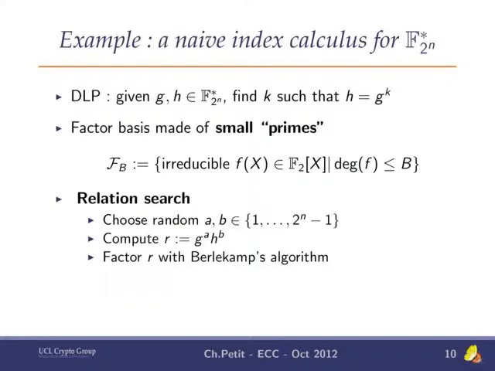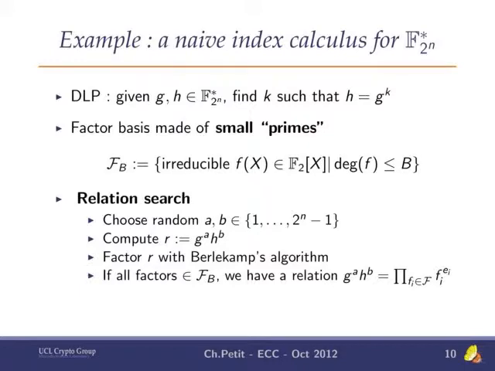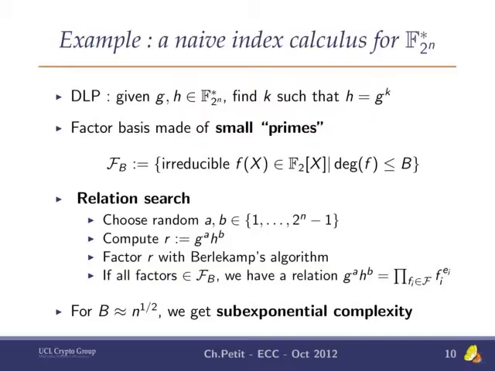So if all the factors belong to the factor basis set, then you have a relation. Otherwise, you just try again. Okay. So if you take B roughly n over, sorry, that's wrong. Sorry, that's true. So n to the power 1/2, then you get some sub-exponential complexity.